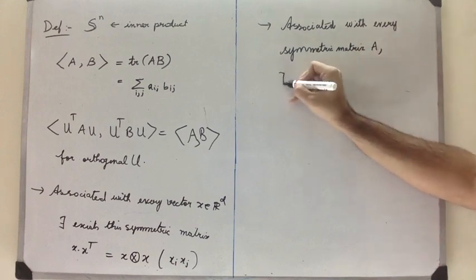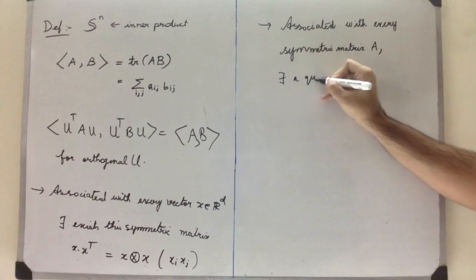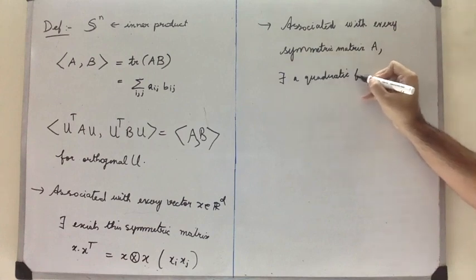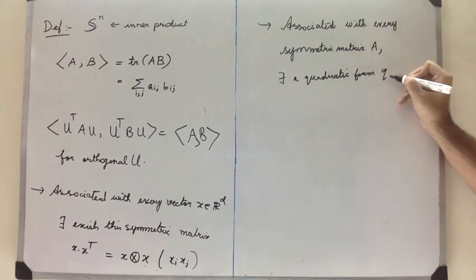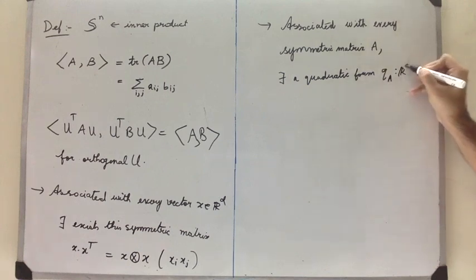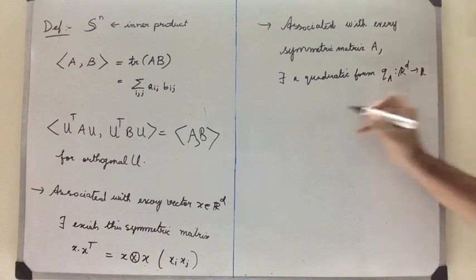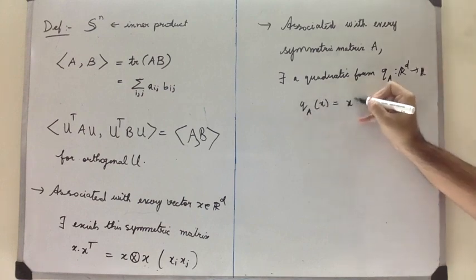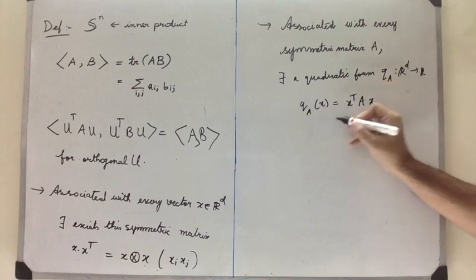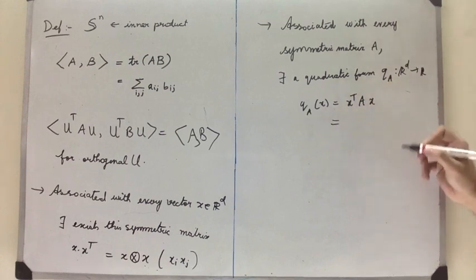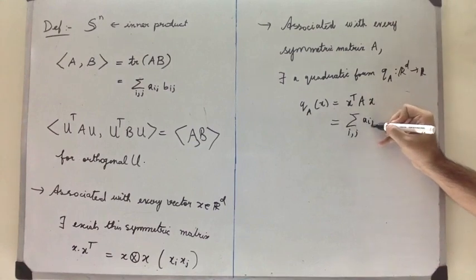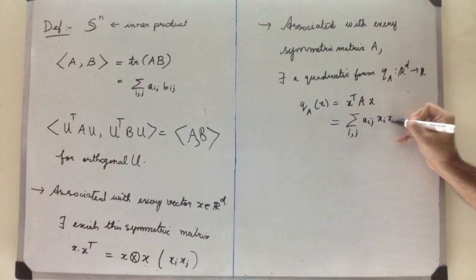There exists a quadratic form Q_A from R^d to R, where Q_A of x is x transpose A x, or in fact, this is the sum over i,j of A_ij x_i x_j.